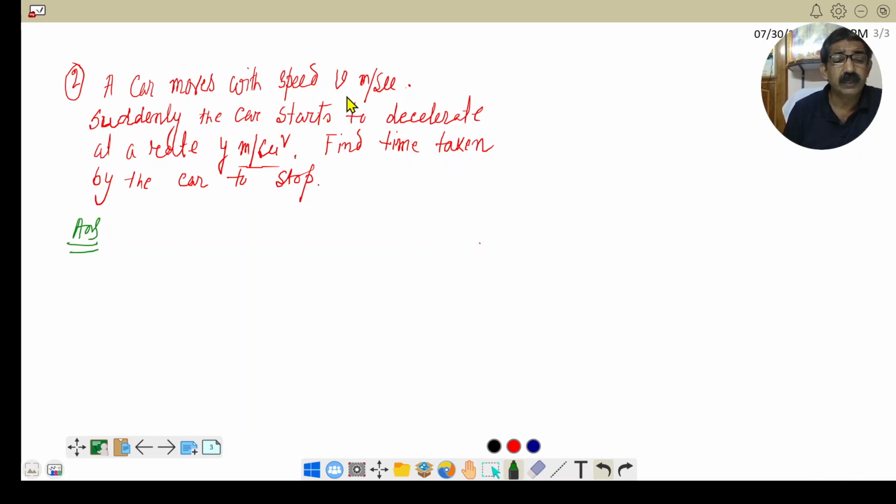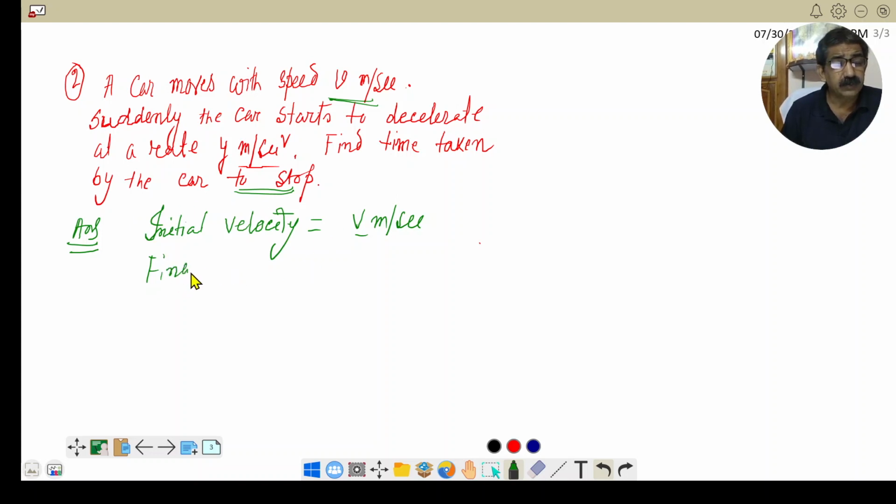From the question, you may write down initial velocity is equal to v meter per second. So in place of u, it is v. Okay. And when car stops, final velocity is equal to 0 meter per second, not only 0, it will be 0 meter per second.